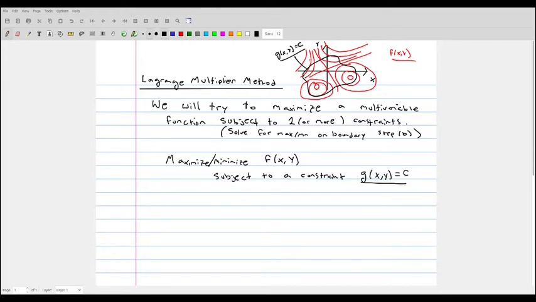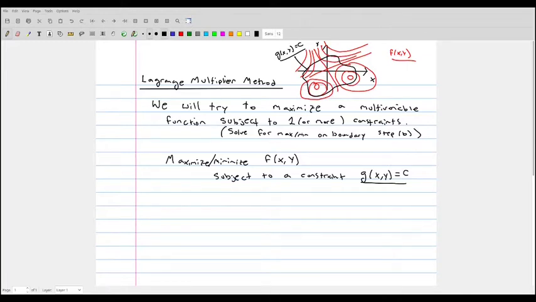So the question then is, what is the maximum of the function f subject to this constraint? That's what we're trying to ask here and answer using this method. In other words, if you only move on this black curve, g of x y equals c, what's the largest value of the function on this curve and only on the curve?